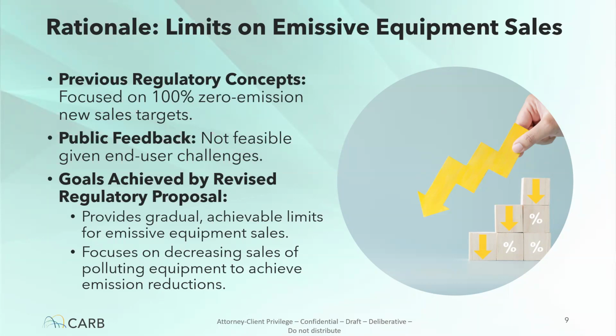Basically, we think that the revised regulatory proposal introduces gradual, achievable limits on emissive equipment sales. And by decreasing the volume of emissive equipment sales, it also helps to achieve a meaningful emission reduction to help achieve California's climate and air quality targets.